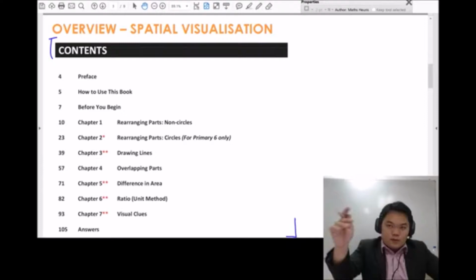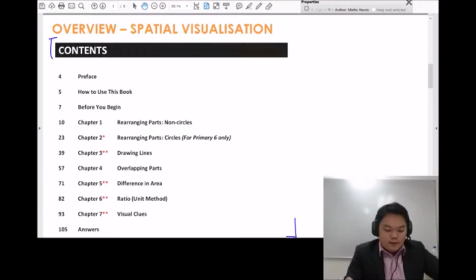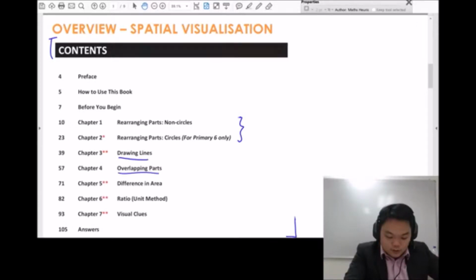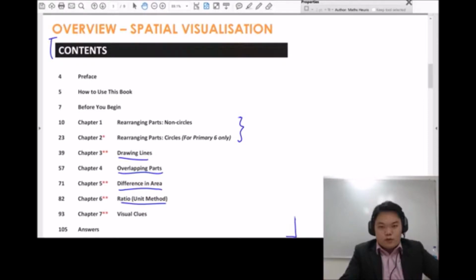Today, out of the 6 techniques in spatial visualization, the first one is rearrangement of parts. The second is drawing of lines. The third is overlapping parts. The fourth is the difference in area. The fifth is ratio, dealing with the units method.